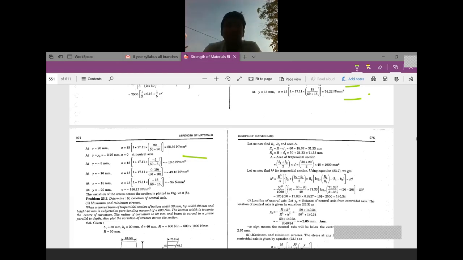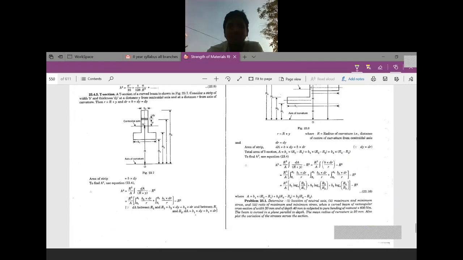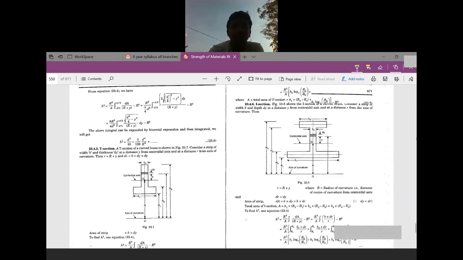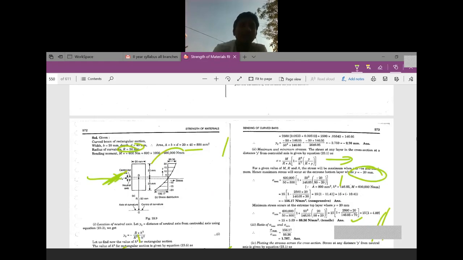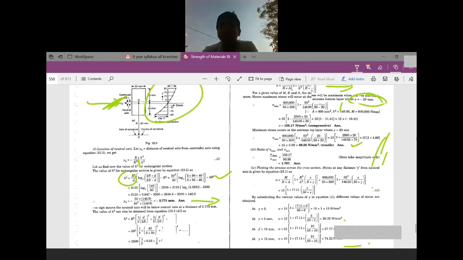Then y equal to minus 5, minus 10, minus 15, minus 20. After calculating all these values, you draw the curve. Okay, in this way you have to solve this problem.